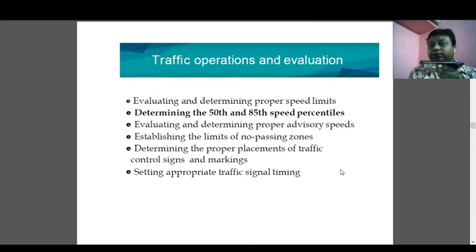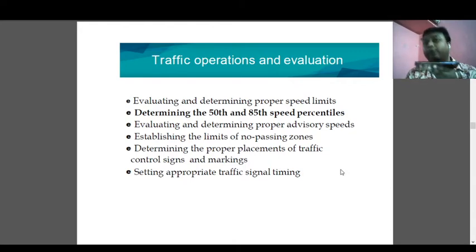In this way you can find that a few vehicles are moving at the same speed. Or rather, out of 100 vehicles, what is the speed range in which 85% of the vehicles are moving?